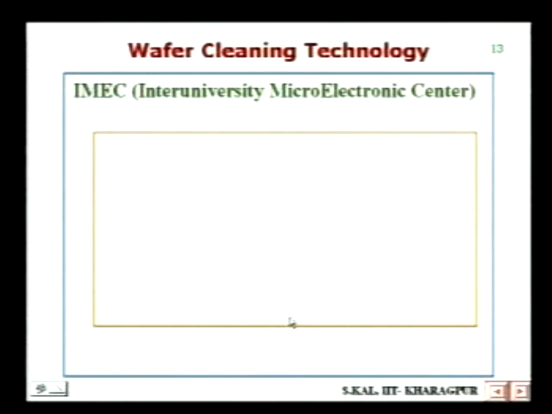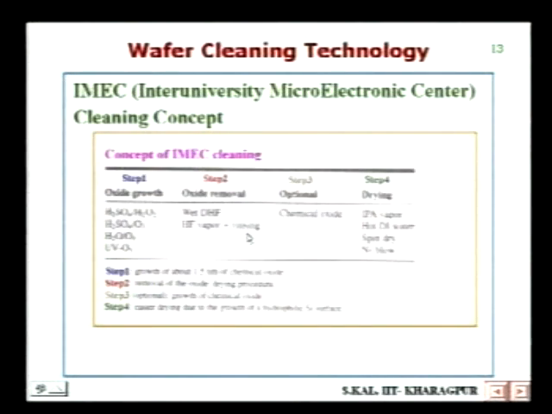Now another advanced cleaning technique is IMEC, the Inter-University Microelectronics Center. The IMEC cleaning step is shown in this particular diagram. Here the IMEC cleaning is a combination of 4 steps: step 1, step 2, step 3 and step 4. Step 1 is oxide growth, about 1.5 nanometer of chemical oxide.